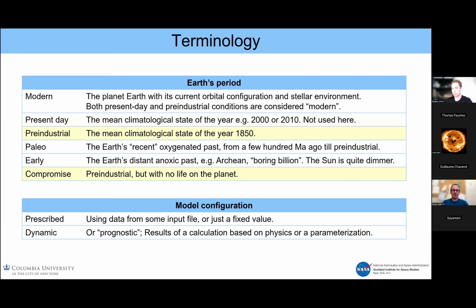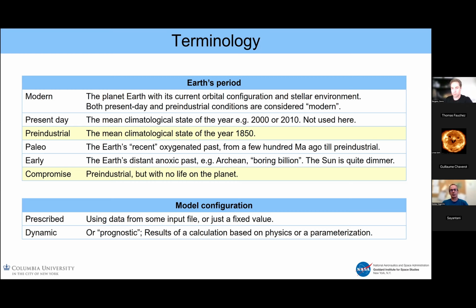And we do understand that this is not necessarily the goal of many, many models out there for exoplanets. And for that, we decided that we will take a step back and say, okay, let's say pre-industrial with no life, and then do our best to simulate that. And I'll go into more details on that, and I will even show you some results about that.